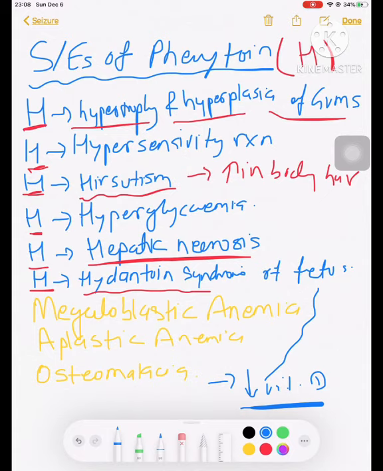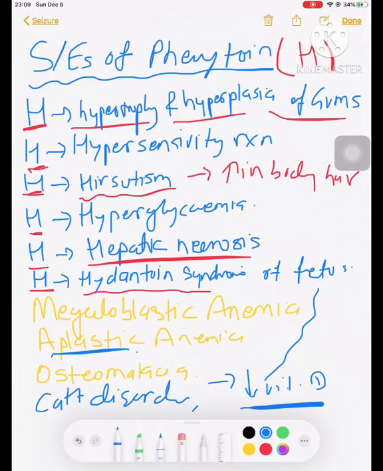But remember, hypocalcemia will stimulate the parathyroid gland and cause secondary hyperparathyroidism, which in turn will cause hypercalcemia. So remember that phenytoin can cause calcium disorders, and due to secondary hyperparathyroidism, phosphate disorders also.